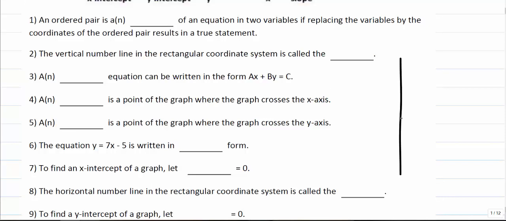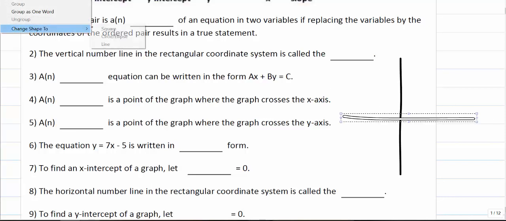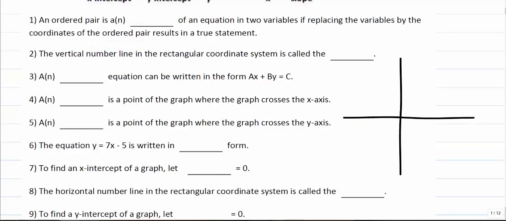An x-intercept is a point where the graph crosses the x-axis. So if you have the x-axis here and the y-axis here, so again, the vertical number line is the y-axis, right? And the horizontal line is the x-axis, so that helps me there.